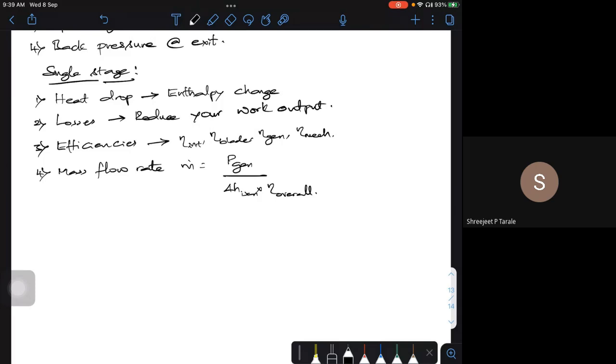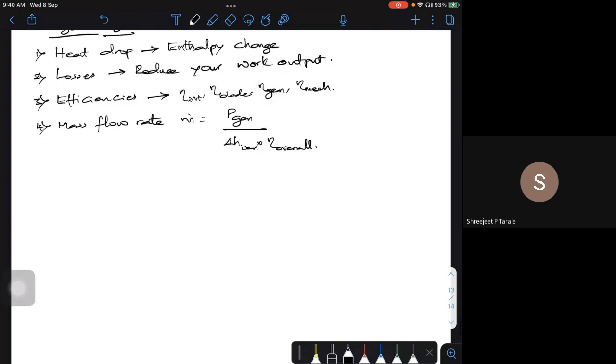If you go back to your steam nozzles textbook, what we studied in maybe unit 1, your velocity of the steam at the nozzle exit or entry to the turbine.